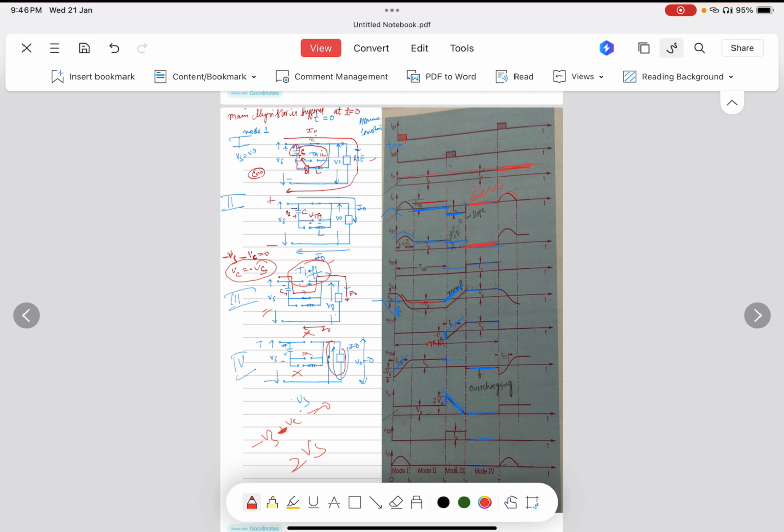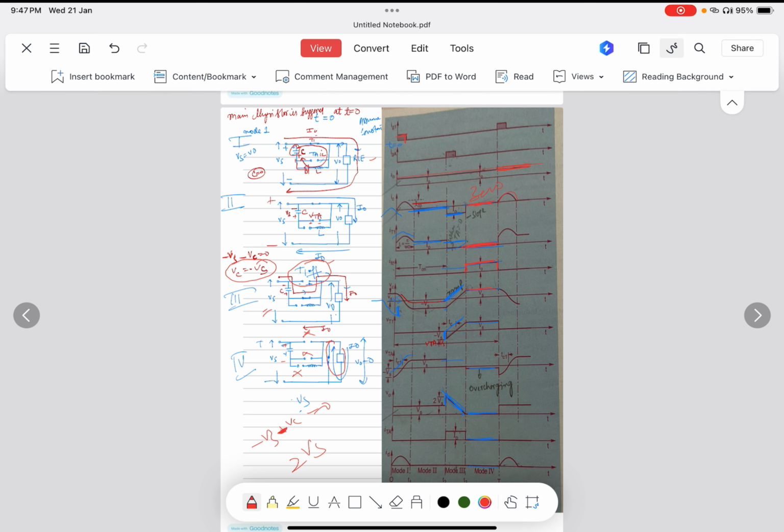The load current I naught is flowing through it, so it rises here. Also you can see the capacitor is charged with the voltage Vs, because there is no path to discharge. It is already charged in the third mode with the polarity plus minus, and it has no path to discharge because everything is open circuited, that is the main thyristor, the auxiliary thyristor and the diode path.